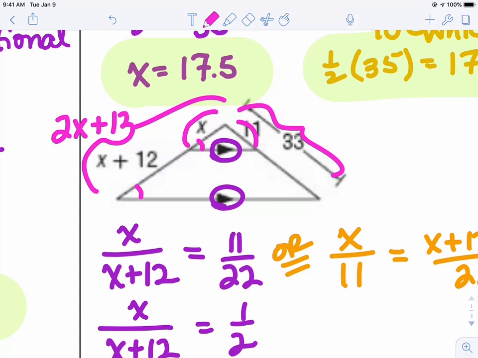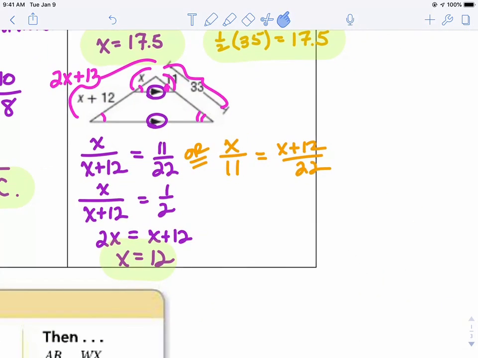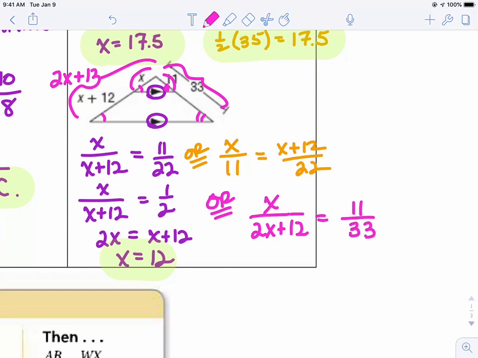So again, that's using that the triangles are similar. So again, a little more cumbersome, but if you feel like you might get confused about when you have to use similar triangles, then similar triangles will always work. So that would go x is to 2x plus 12 as 11 is to 33, or again, any comparable proportion.